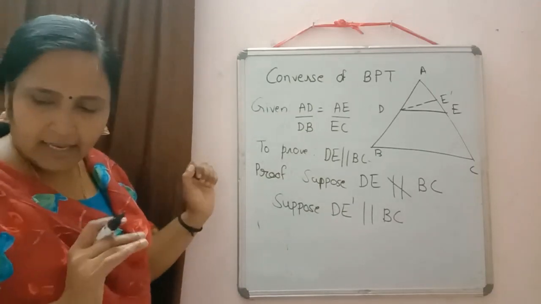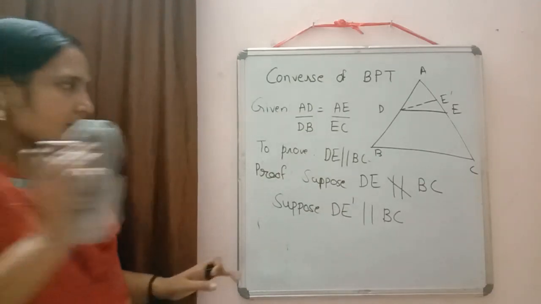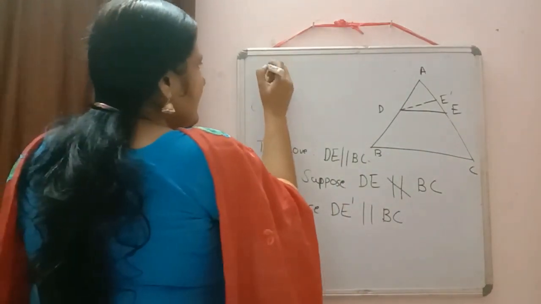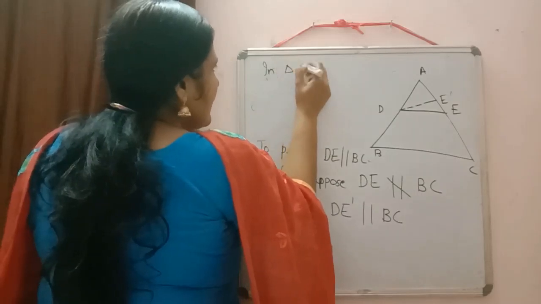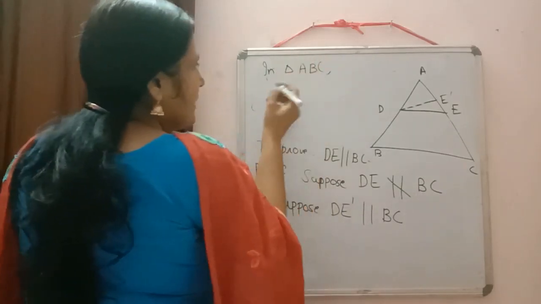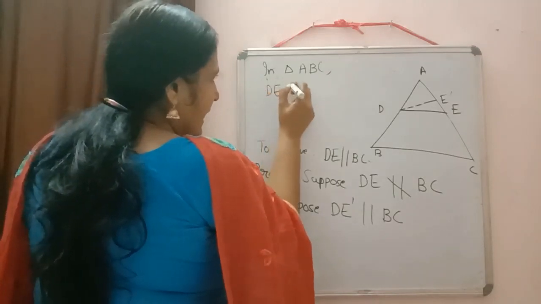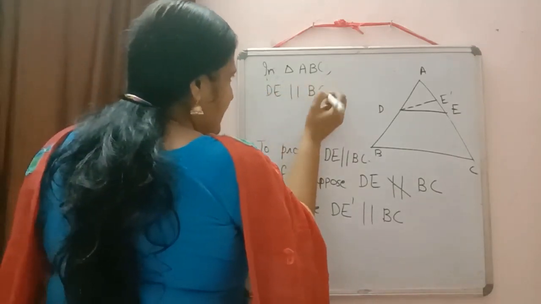Now again we write the condition once more. What are we getting here after the construction? In triangle ABC we have drawn DE dash parallel to BC.